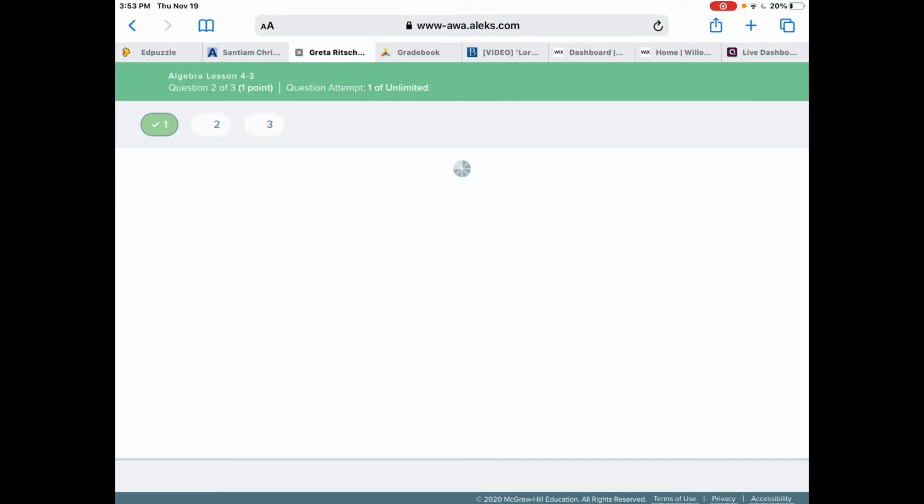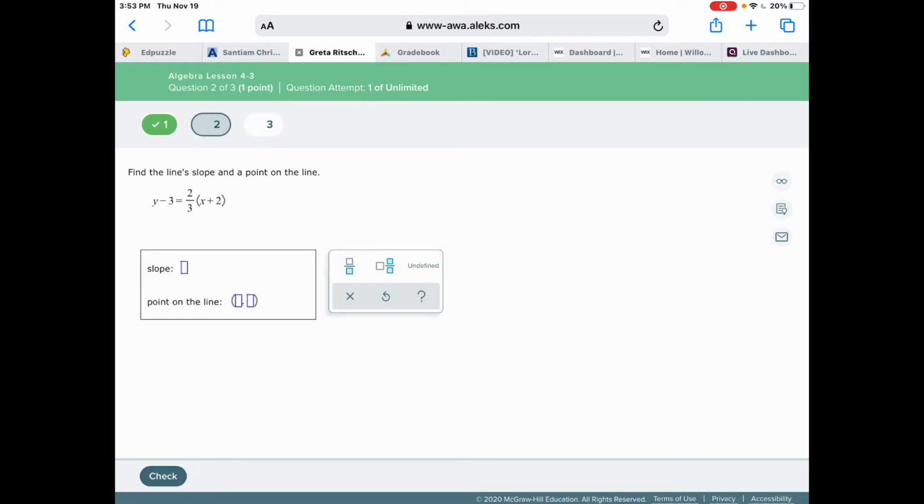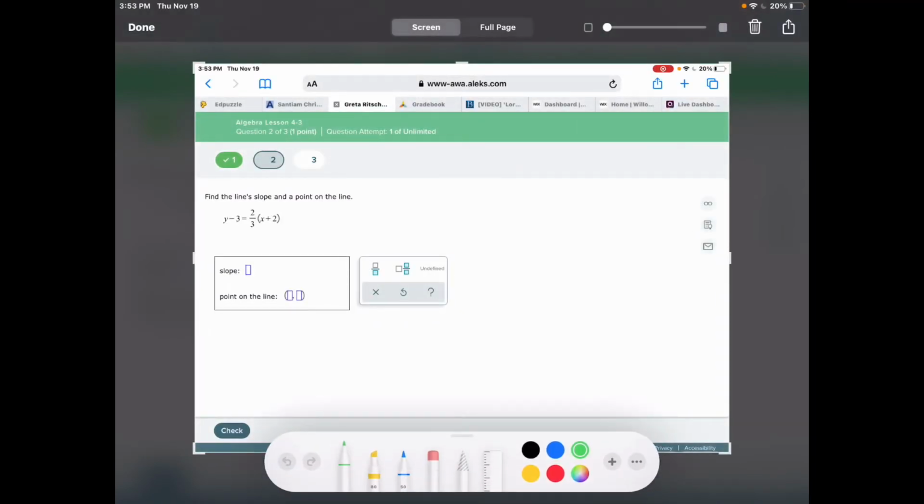In the next problem, it says find the line's slope and a point on the line. And what I'm doing is understanding and using this equation. It's in this form, the point slope form: y minus y1 equals slope times x minus x1. So what I'm looking at right now is a slope of 2/3.